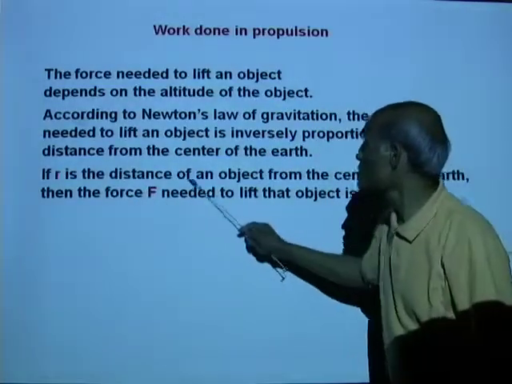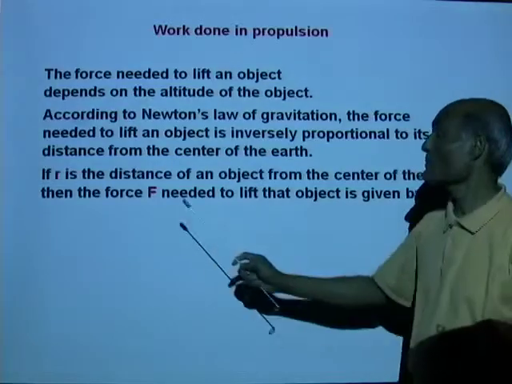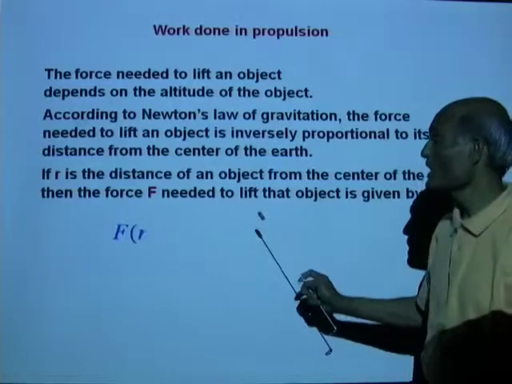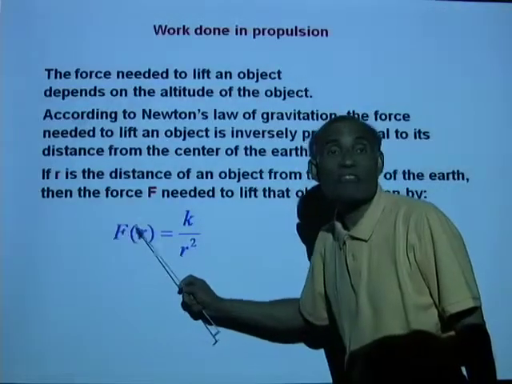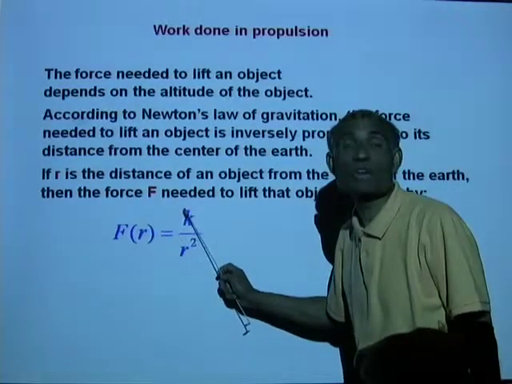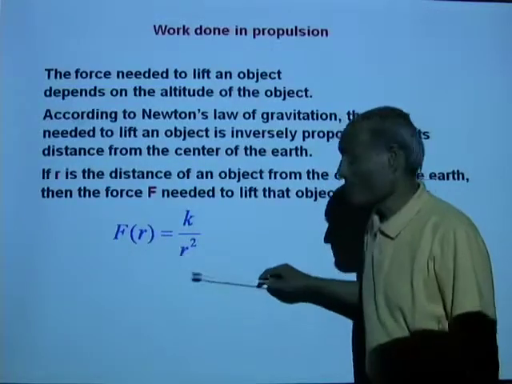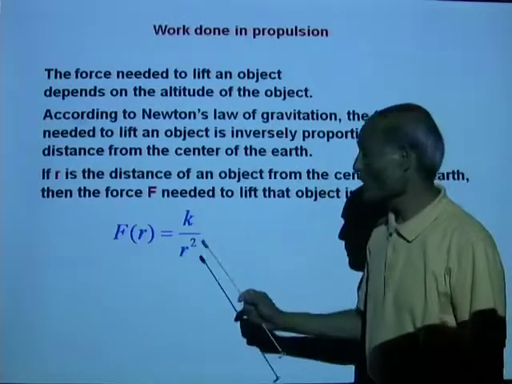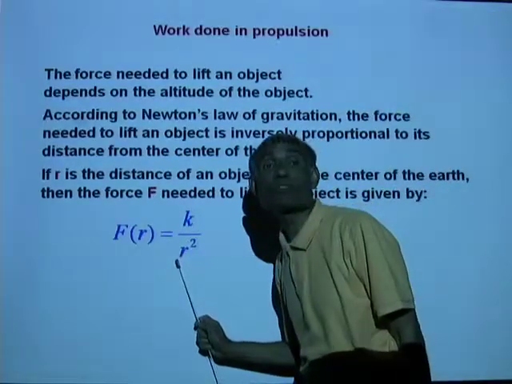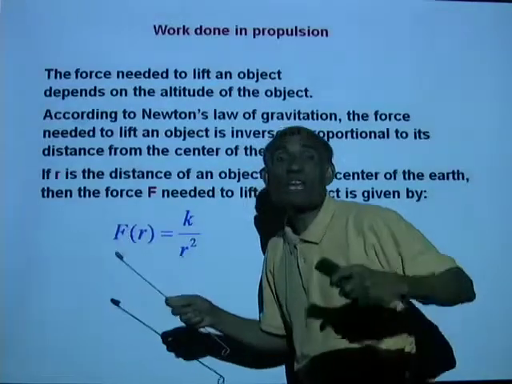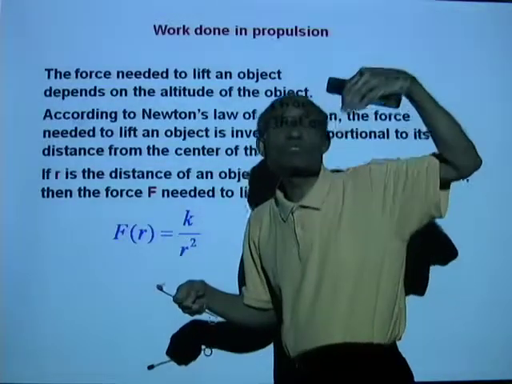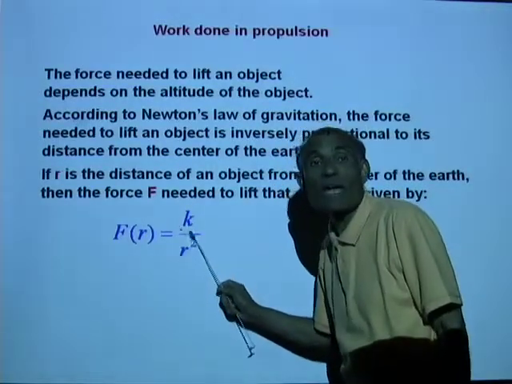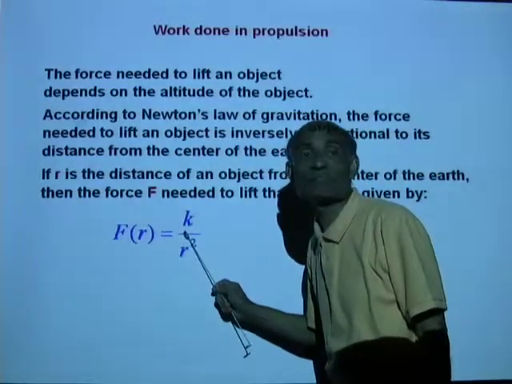If r is the distance of an object from the center of the earth, then the force F needed to lift that object is given by F as a function of r equal to k over r squared, where r is the distance measured from the center of the earth. So, as you move away from the center of the earth, the force needed to lift an object is made smaller and smaller according to this relation, where k is a constant.